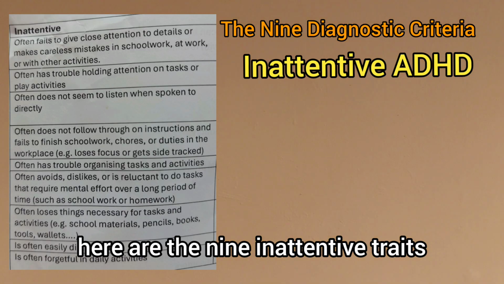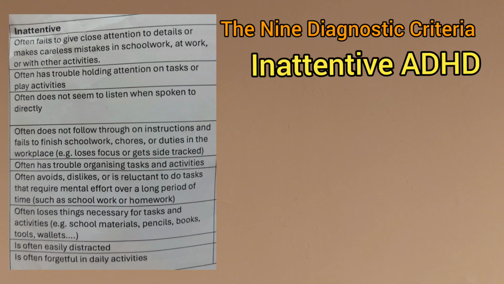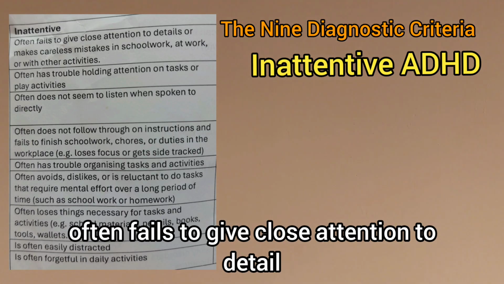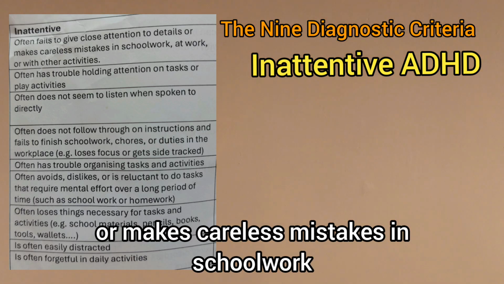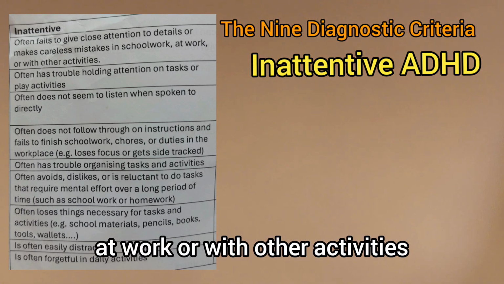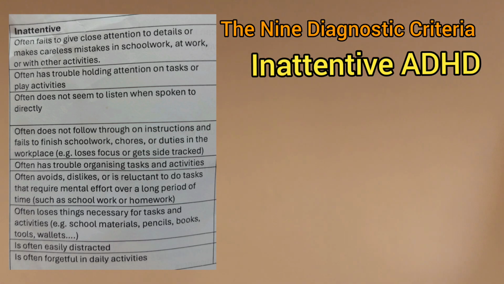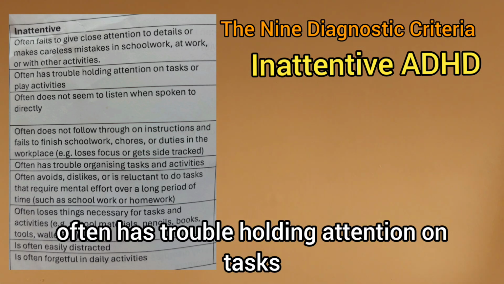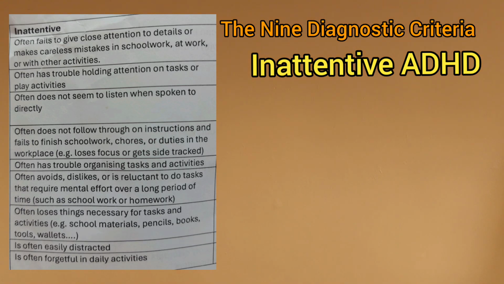Here are the 9 inattentive traits. Number 1. Often fails to give close attention to detail or makes careless mistakes in schoolwork, at work, or with other activities. 2. Often has trouble holding attention on tasks or play activities. 3.